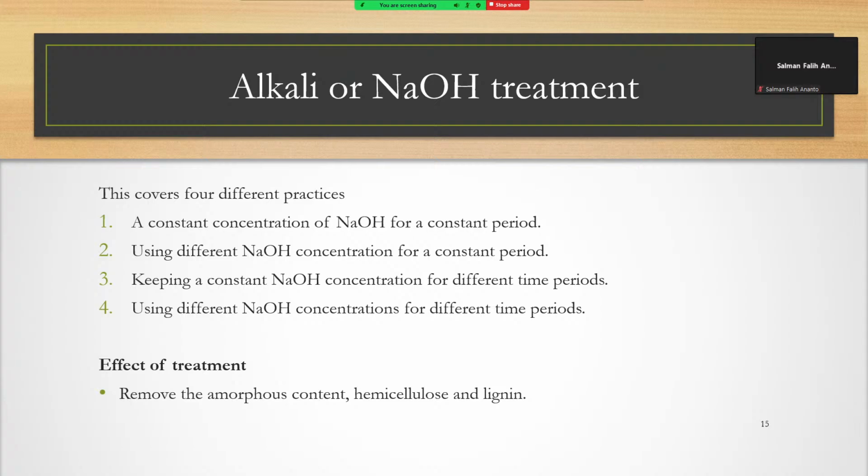Later, the fibers are neutralized using 0.1% NaOH solution, washed with water and dried at 100 degrees Celsius for 24 hours in an oven. This treatment can enhance the tensile property and initial degradation temperature of fibers.